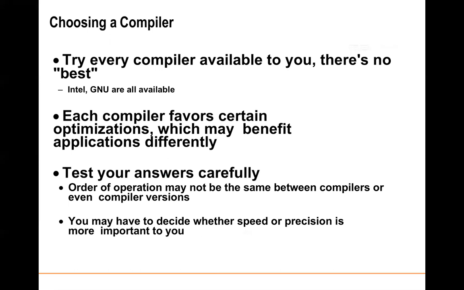And then you may have to decide whether the highest performance speed-wise or whether precision is more important to you. So it just kind of depends on your particular application and your particular problem as to what's more important. Is it better to be faster or is it better to be more precise? And that'll be a decision that everybody has to make in their own individual cases.